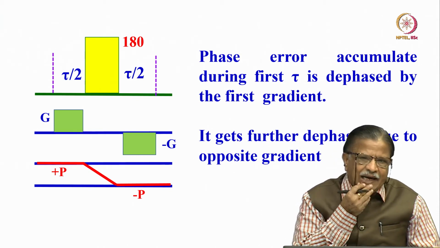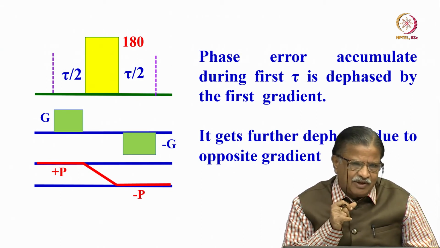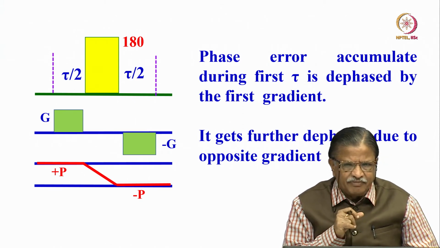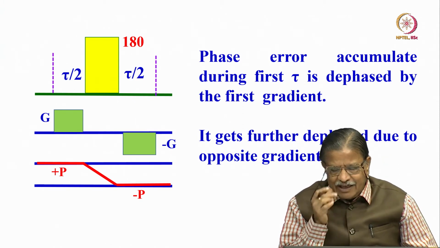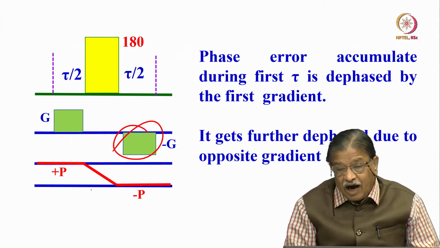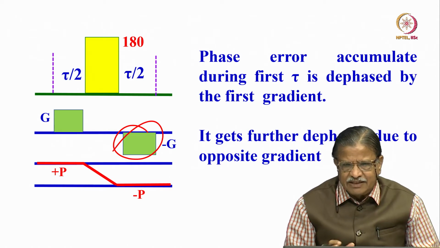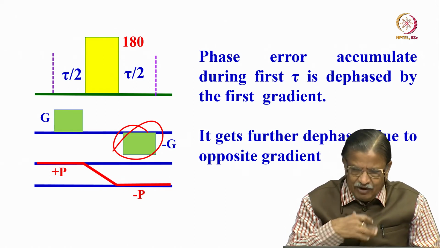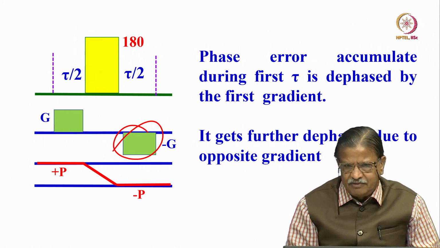Now another thing: phase error accumulated during first tau is dephased by gradient. It gets further dephased if you apply another pulse of equal and opposite gradient after the 180 pulse. It does not matter. We are allowing it to dephase further, nothing is going to happen.